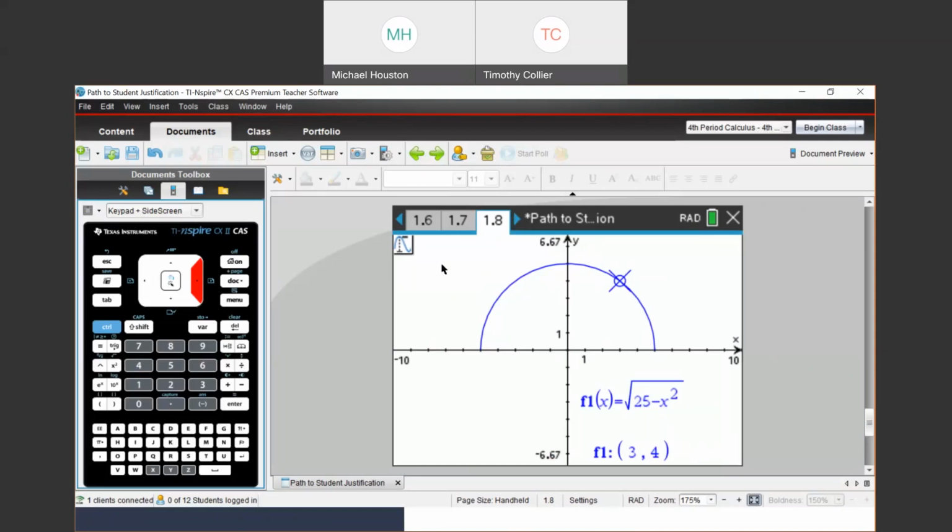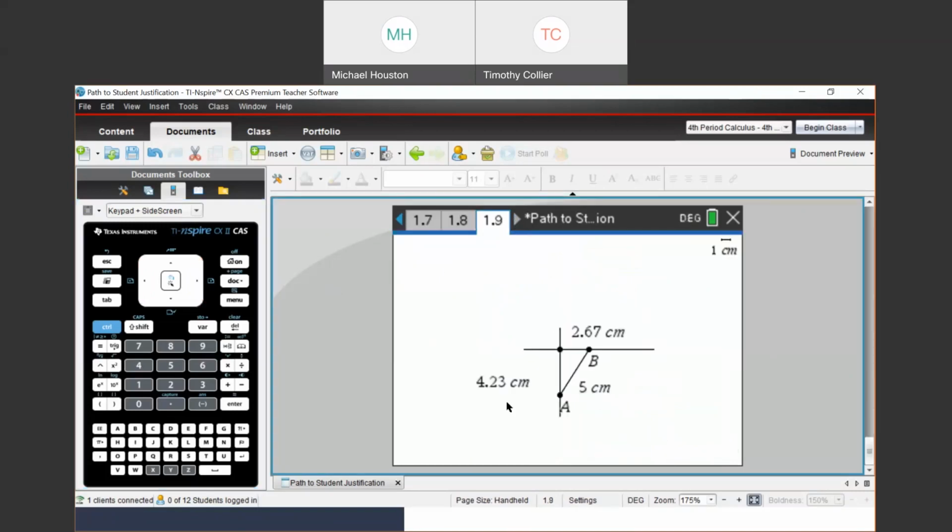So all kinds of good questions to be asked here on this kind of slide. What do these numbers mean in the context? What happens when one of them is negative? Does it make any difference? Once you've taught your kids how to use their handhelds and start pushing them to use it for justifications, they start looking for different ways to represent problems.